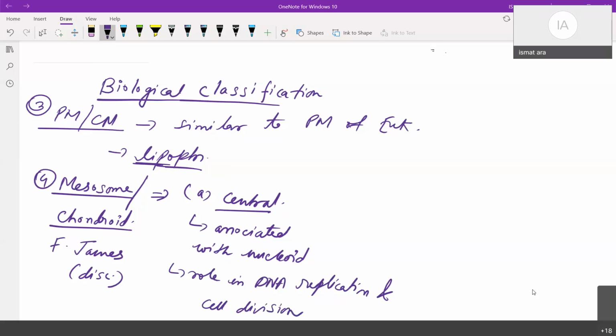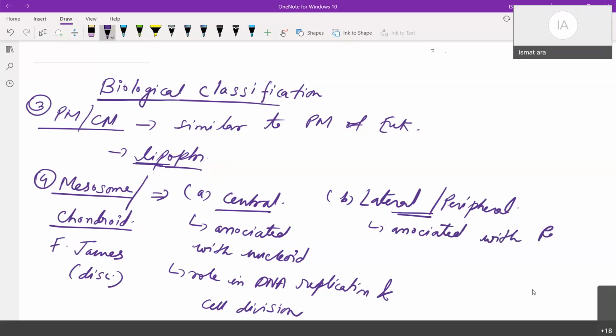The second one is lateral or peripheral. They are associated with respiratory enzymes. They don't possess mitochondria, so they play the role of mitochondria. Which enzymes are present in mesosome? That is very important from your exam point of view, students.